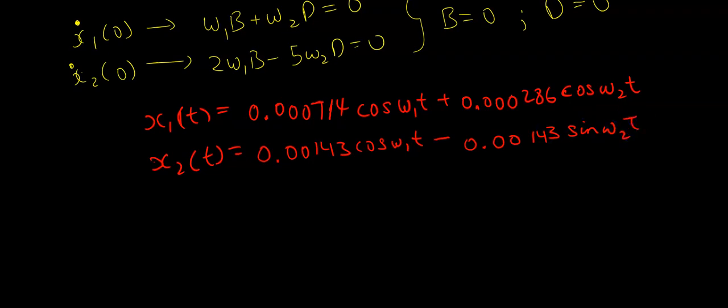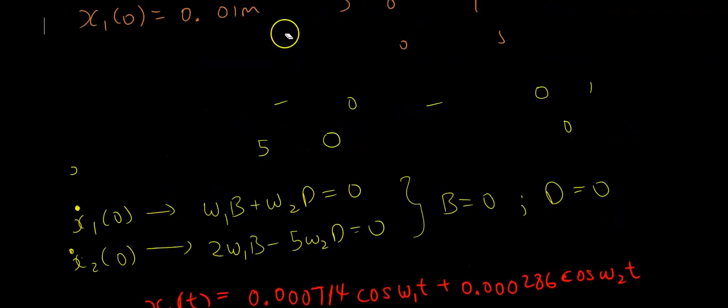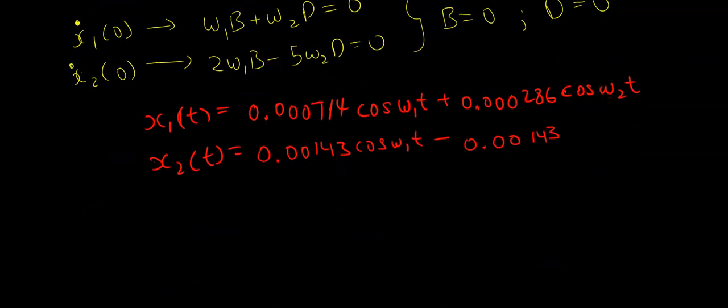Why did I put sine? Because it must be cosine, right? Omega 2 t. And this is your response.